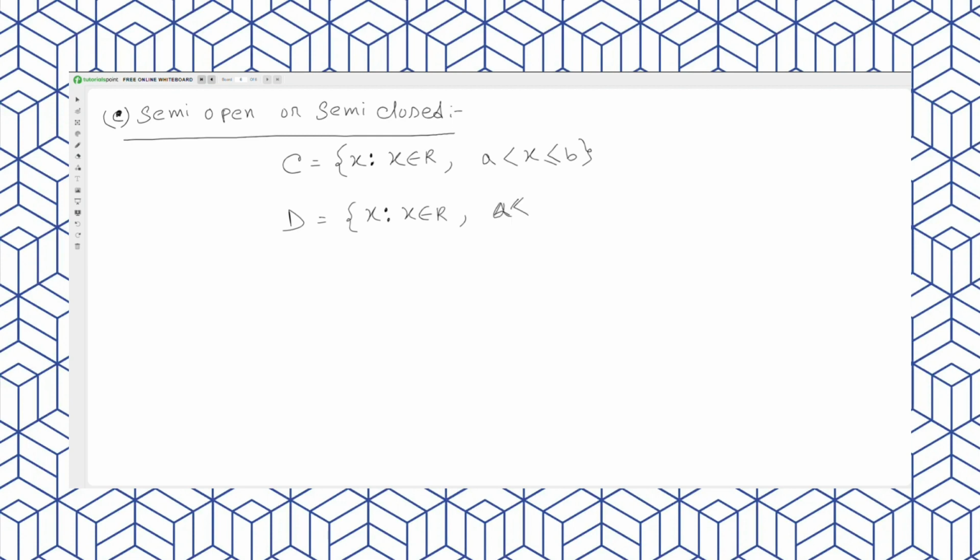That means first bracket for only greater than and third bracket for less than or equal to. Same for D, {x such that x belongs to R and a is greater than or equal to x and less than b}. Therefore it can be written as [a, b). The third bracket is for equal to.